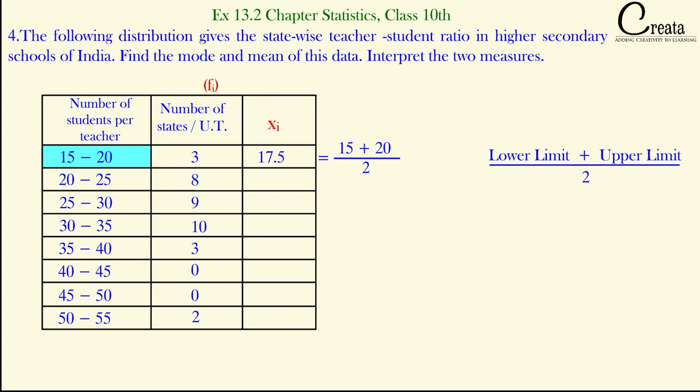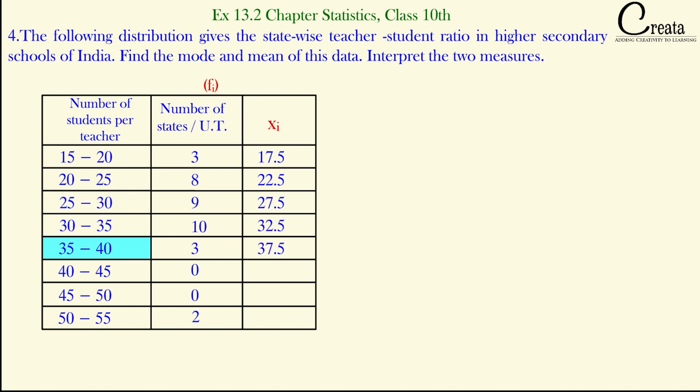Or you can simply observe the range and locate the midpoint. Second row 20 to 25, the midpoint will be 22.5. Next 25 to 30, the midpoint will be 27.5. Similarly 32.5, 37.5, 42.5, 47.5 and 52.5.